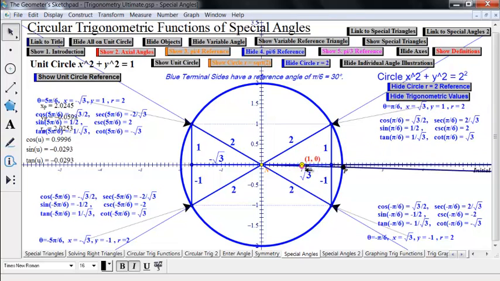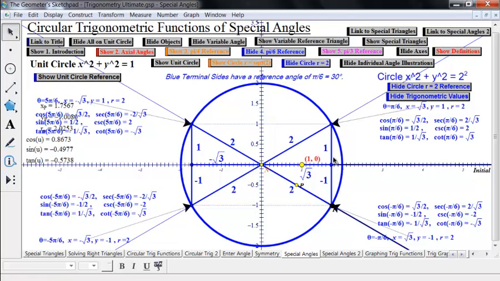What if we go down here in the fourth quadrant and go minus pi over 6, or as a positive rotation, 11 pi over 6? That is, 330 degrees is 11 pi over 6, or negative 30 degrees is negative pi over 6. Now notice what we have here. An x of square root of 3, a y of negative 1, r of 2, and so cosine is x over r, square root of 3 over 2.